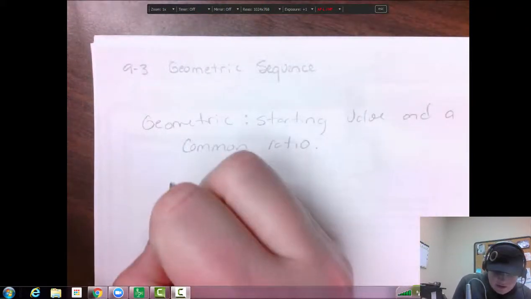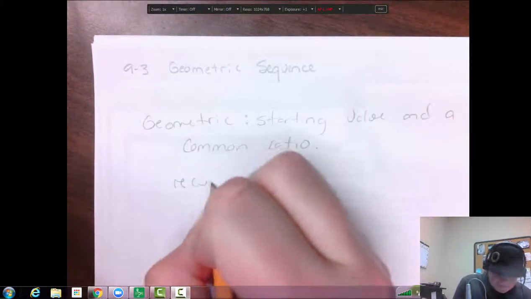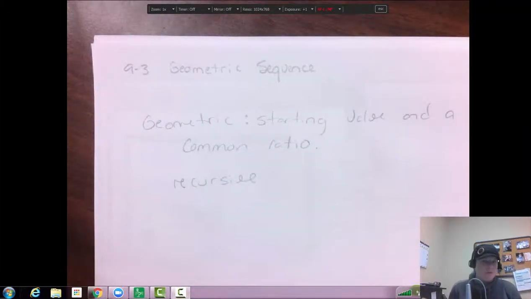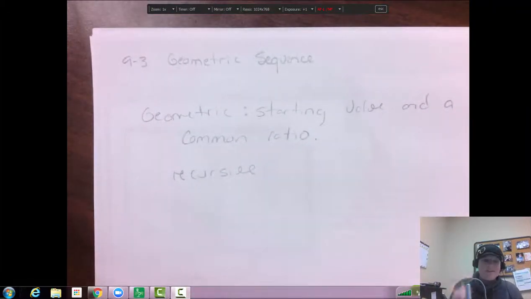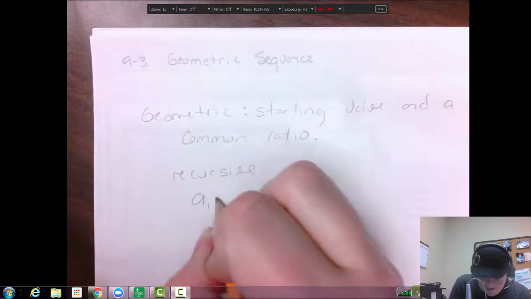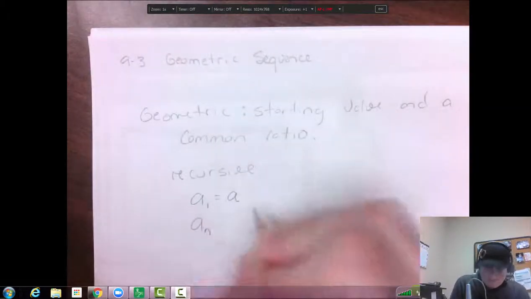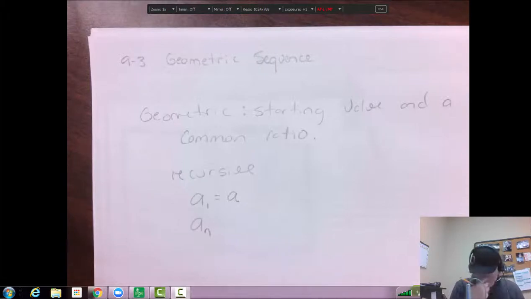So let's look at our two formulas, recursive and explicit. We'll start with recursive for specific geometric sequences. We again have to display one. We're going to call the first spot A1. That's our first one.